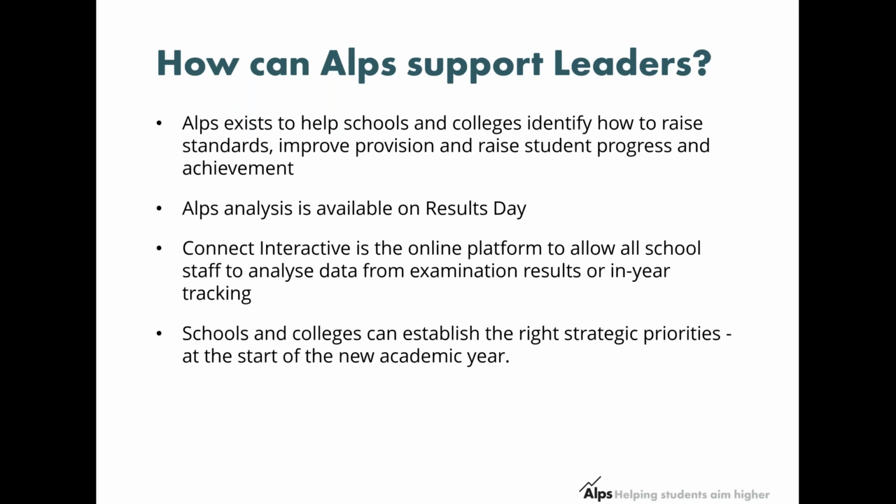Connect Interactive is available to school staff on results day, and so they can start doing their analysis from that. And they can start sharing that with you, or if, as most schools do, have that sort of overview in September, you can then start establishing your priorities going forward at the start of the academic year, and you as governors can support in that process.